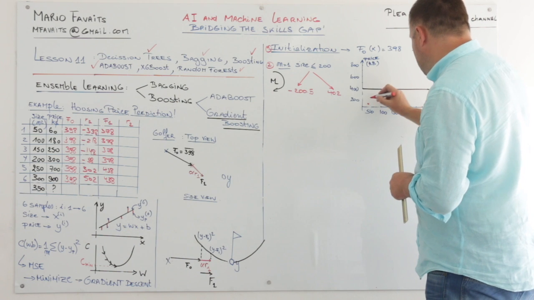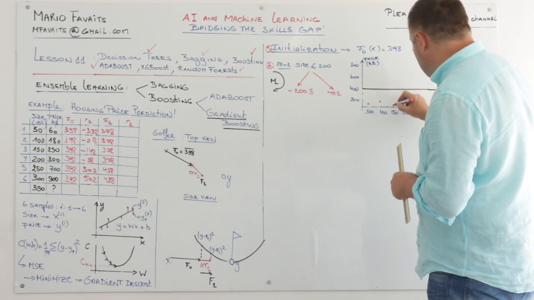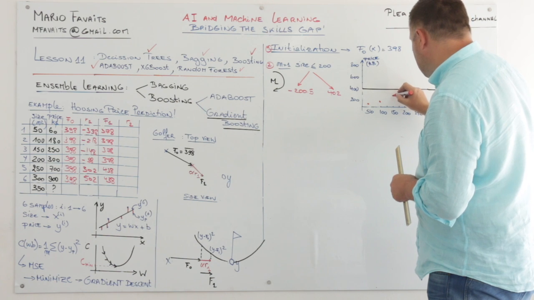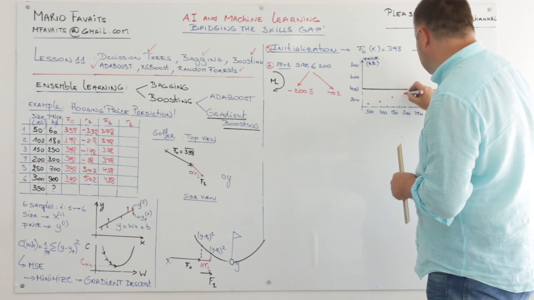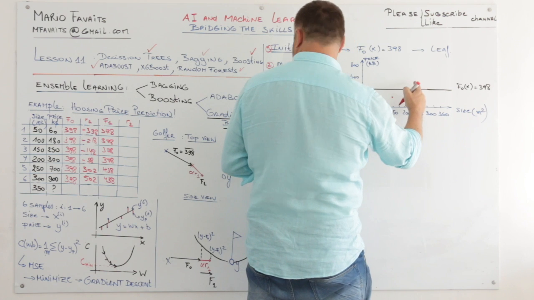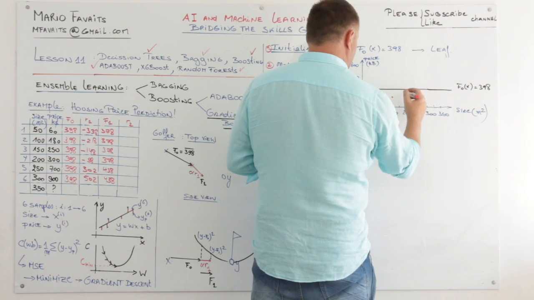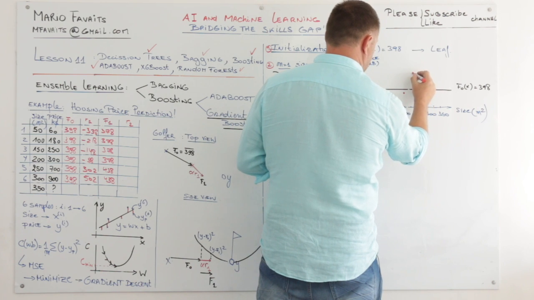Then minus 218 is going to be here. Minus 148 is going to be here somewhere. And then we have minus 98 here. And then at 250 we have a residual of 300 on top, so roughly at 700 here.